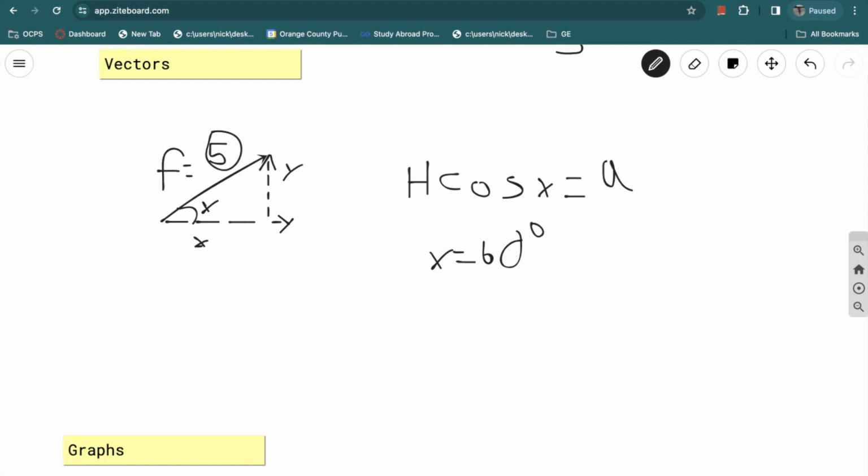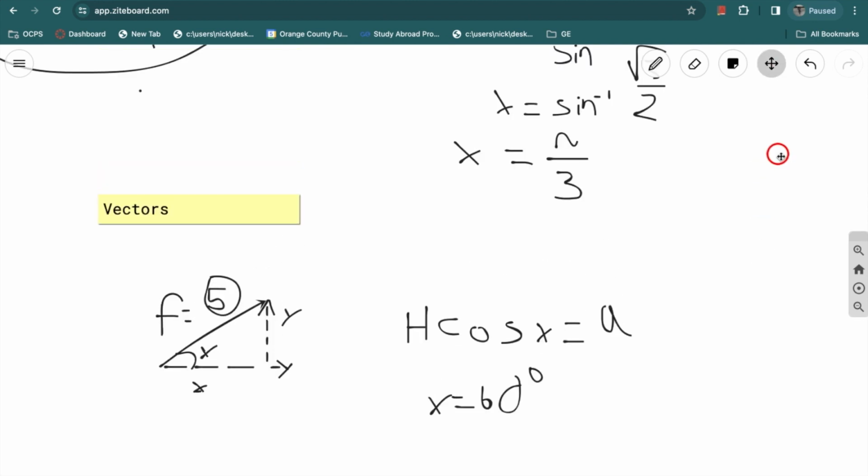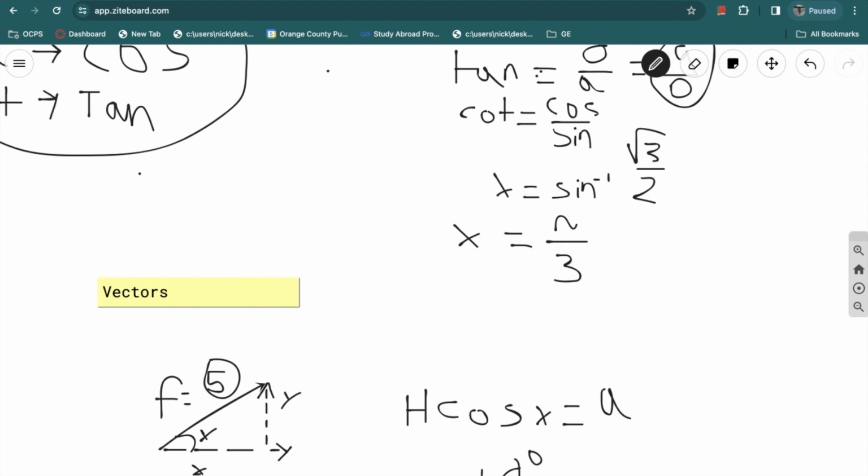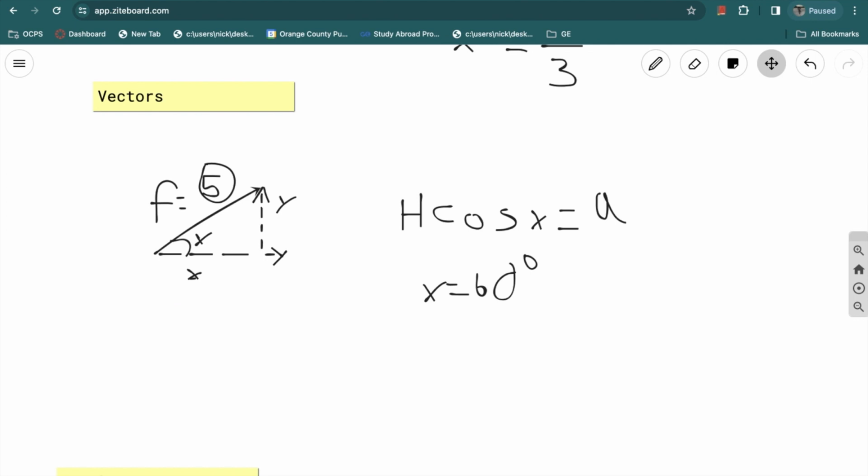There's always got to be an angle next to cosine or sine or tangent, and next to arctan or arcsine or arccosine there's got to be a ratio, which is what we did here. Just remember that. So let's say it's 60, right?